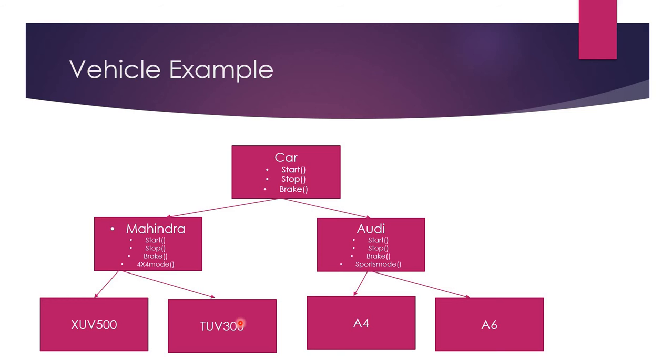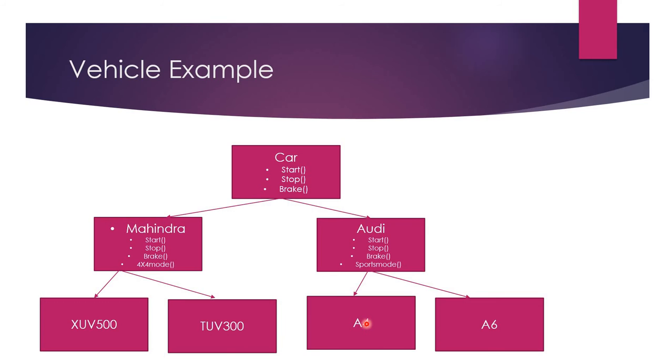However, they again can differ from each other based on some specific attribute, like say TUV 300 has a 40-liter fuel capacity. On the other hand, XUV 500 would have 70 liters of fuel capacity. So that attribute or functionality or method can be defined within its own class.